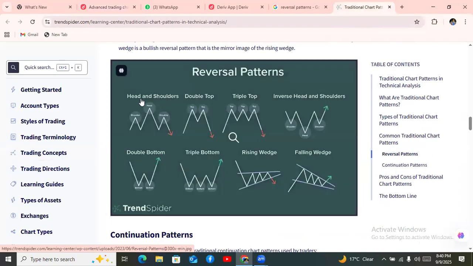So we either look for a head and shoulders, a double top, or a triple top. So any of these three. These are not the only reversal patterns. There are so many others, but these are the main three that we are looking for.